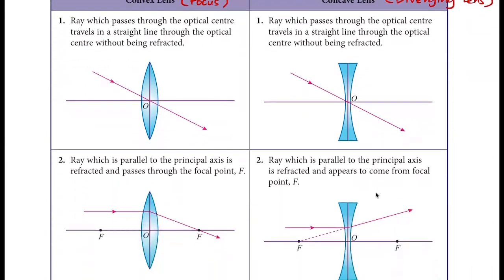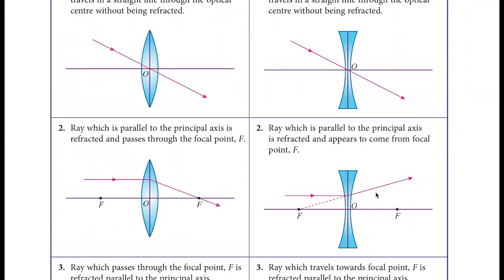The second rule, for a convex lens, is that the ray which is parallel to the principal axis is refracted and passes through the focal point F. Meaning it first travels parallel to the principal axis, and then it will be refracted to the focal point F. Remember, for a convex lens, the focal point is at the opposite side of the object.